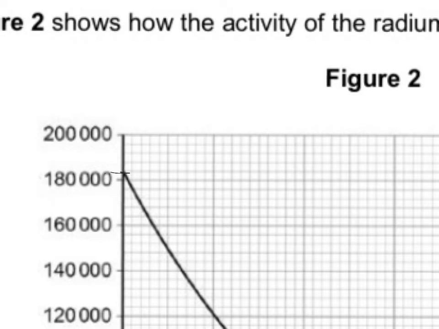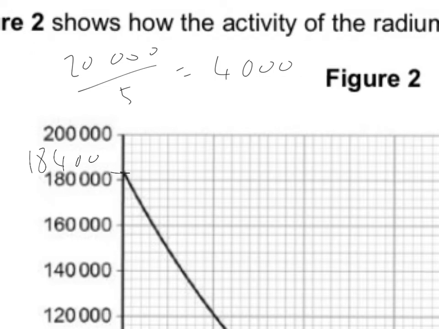So 20,000 over 5 will tell us how much each small square is. 20,000 over 5 gives us 4,000. So when we read this value here, it will be 184,000. That's where we start. 184,000 is our starting point.